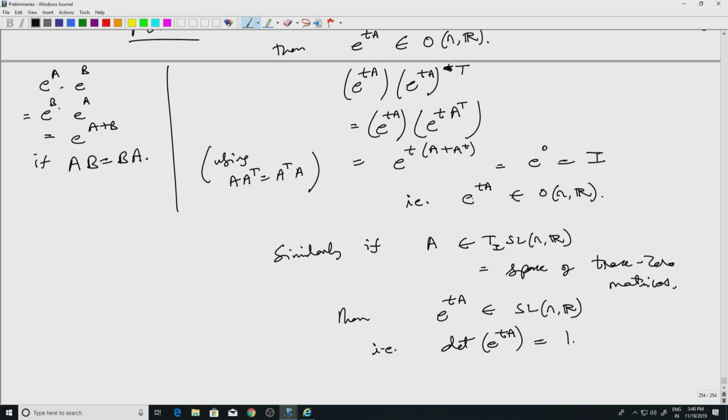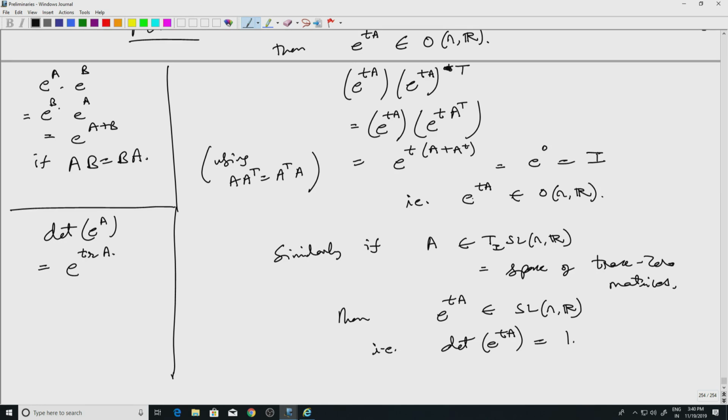And this can be seen by another separate small fact: the determinant of the exponential of any matrix, det of e to the power A, is the exponential of the trace of A.